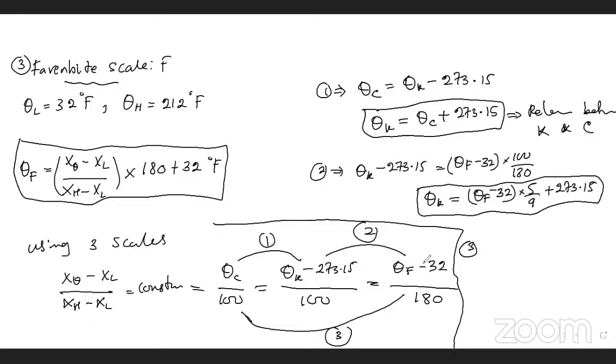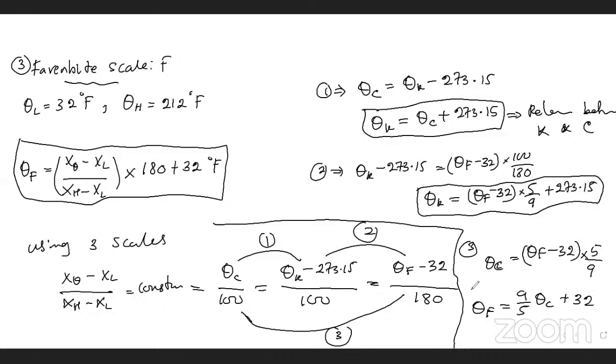And thirdly, from the third equation, theta C equals the Fahrenheit temperature minus 32, times 100 divided by 180, that's 5 over 9. So if you want Fahrenheit, the Fahrenheit temperature equals 9 by 5 theta C plus 32.